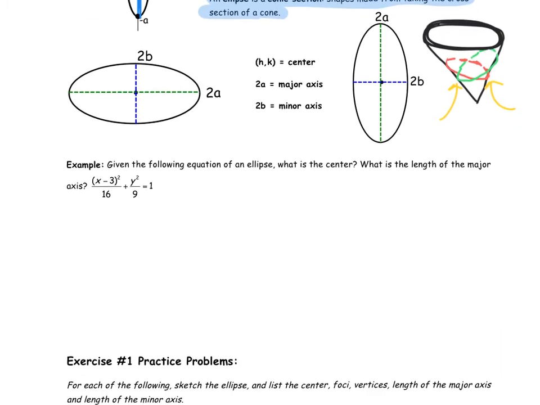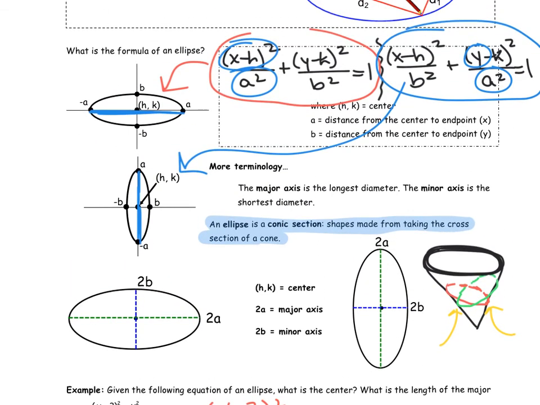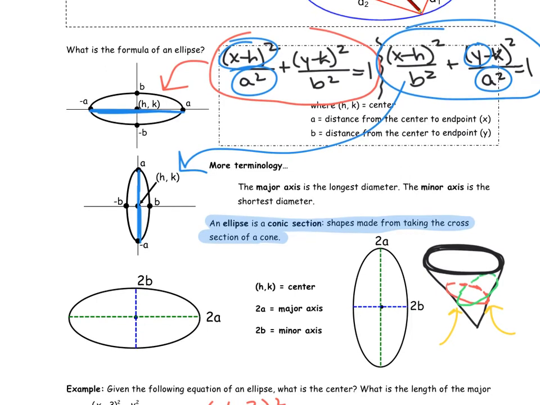Okay, now let's actually get into some practice problems. For this first example, you guys need to take note of the form that it's written in. So I have x minus 3 quantity squared all over... Now remember the formula is that it's over a squared plus y squared over b squared.